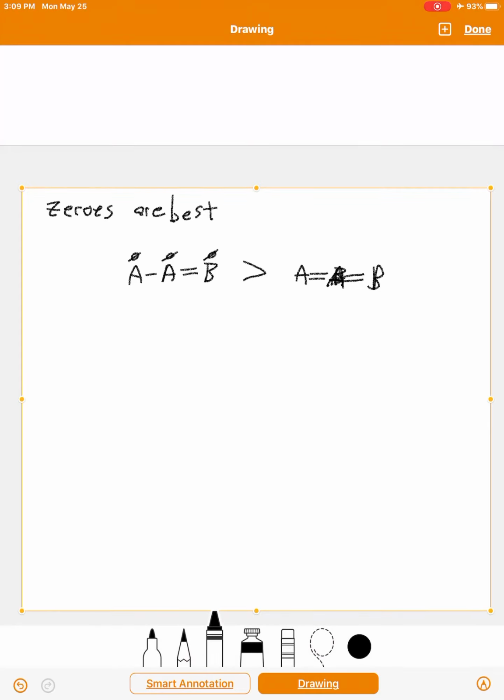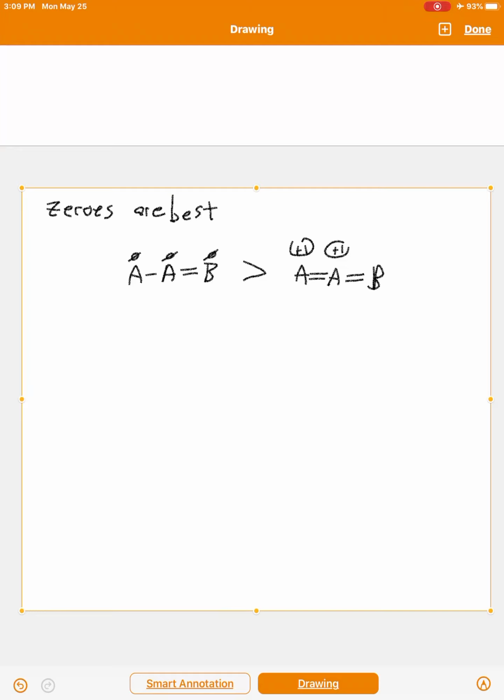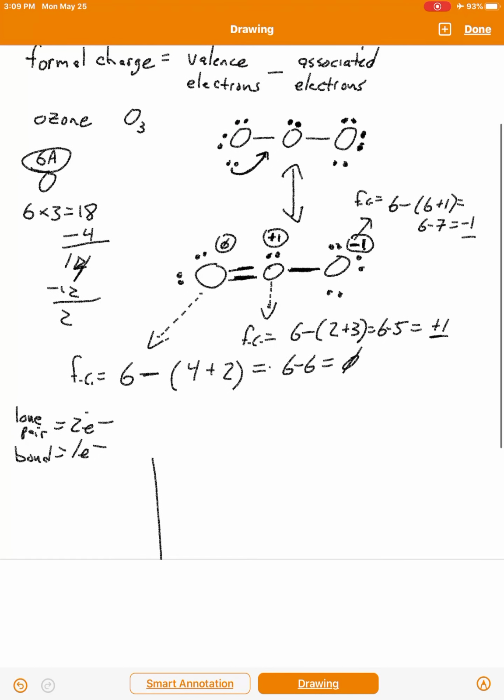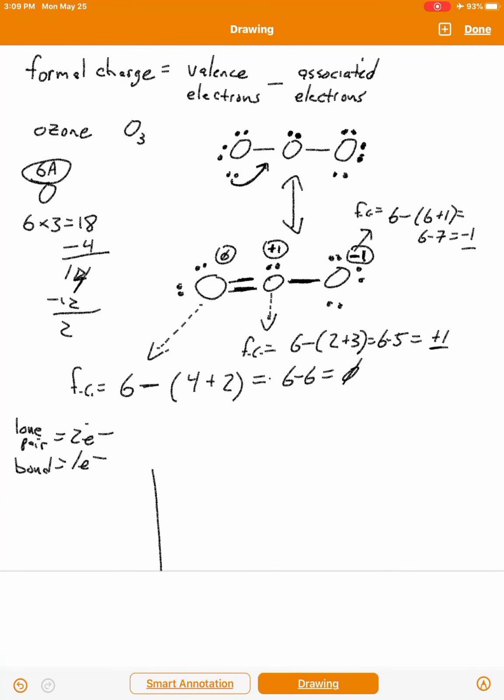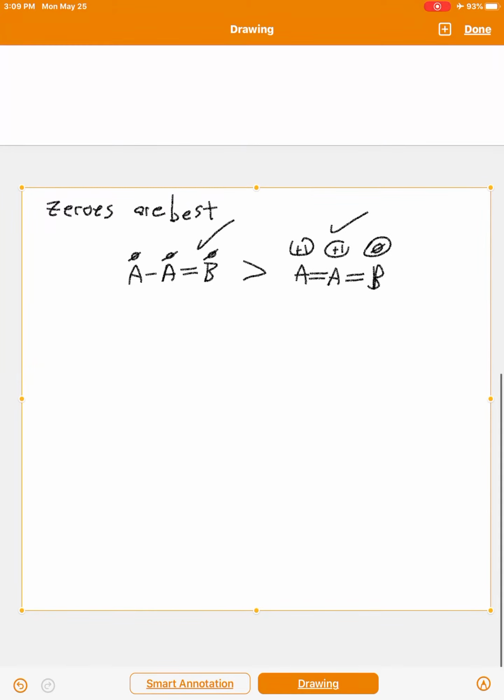Let me be clear about this. We're not changing the arrangement of the atoms, we're just changing the Lewis structure. So it is possible to have formal charges of plus 1 or minus 1. We just saw that right there. But in general, we draw Lewis structures to give us formal charges that are closest to 0. Plus 1 and minus 1 would be better than plus 2 and minus 2.